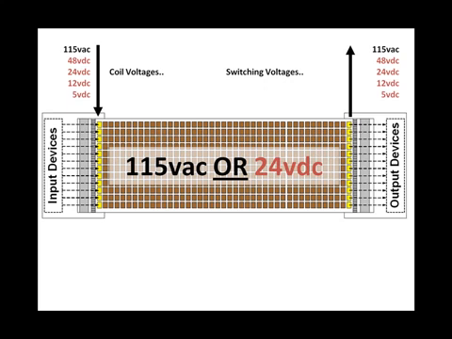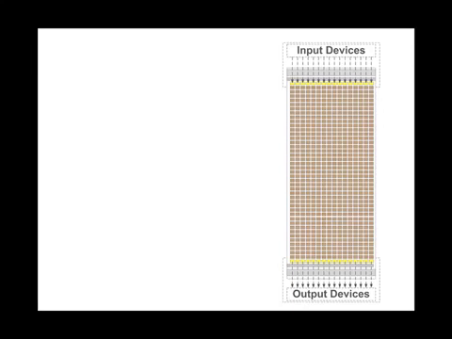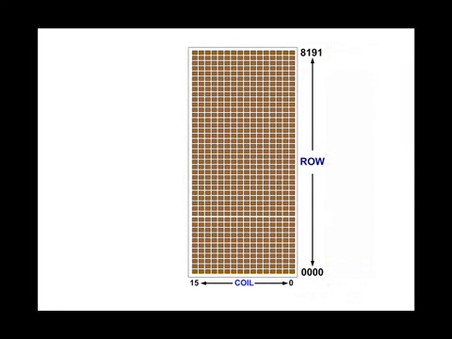We have relays 0 through 15 in each row, and then we have 8,192 rows, or 8K of rows, starting with row 0 and ending with row 8,191. Since all memory locations start with 0, you always subtract 1 from the quantity to get the highest address. So if there's 8,192 rows and you start with row 0, the last row will be 8,191.